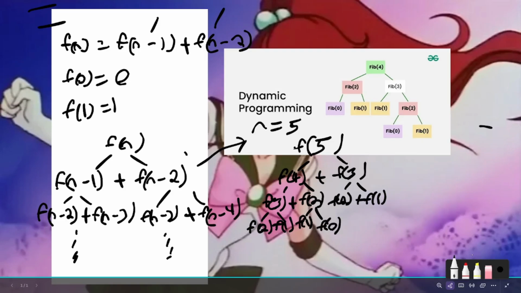Ooh, we're running into our base cases. That's good. f of 2 becomes f of 1 plus f of 0. f of 1 becomes, oh, that's already a solution.